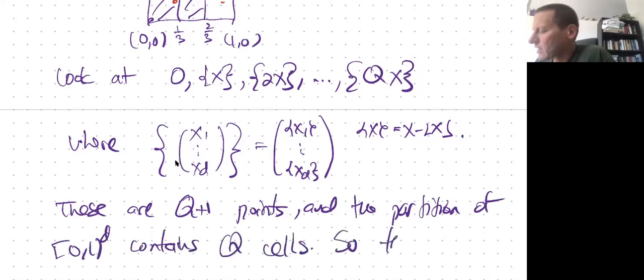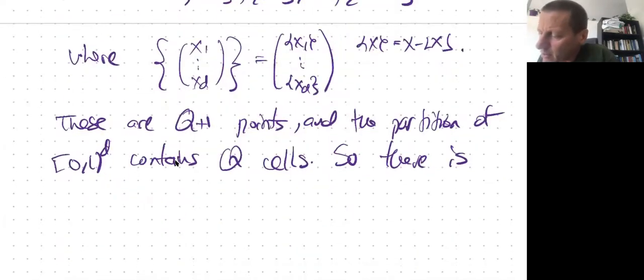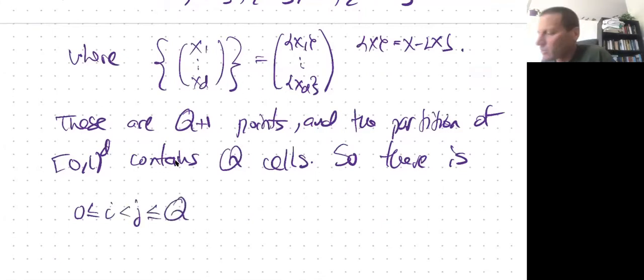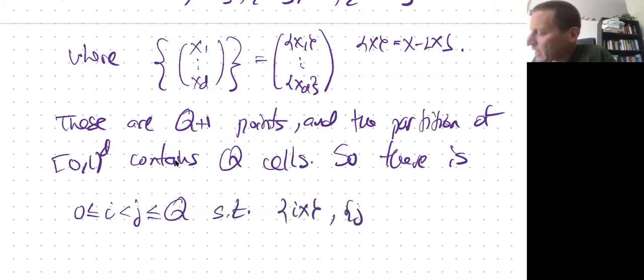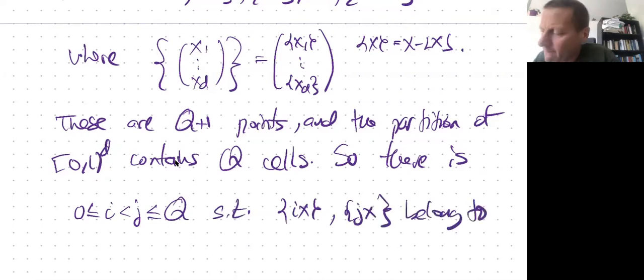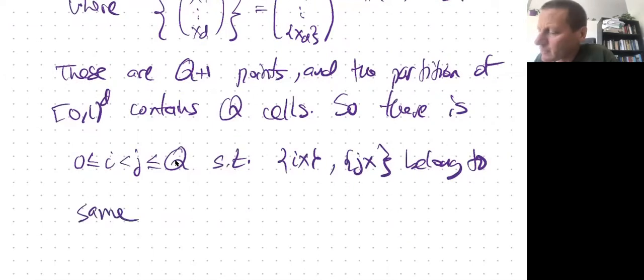So there is a collision. So there are some two indices, i less than j, between 0 and Q, such that ix, jx belong to the same cell in this partition.